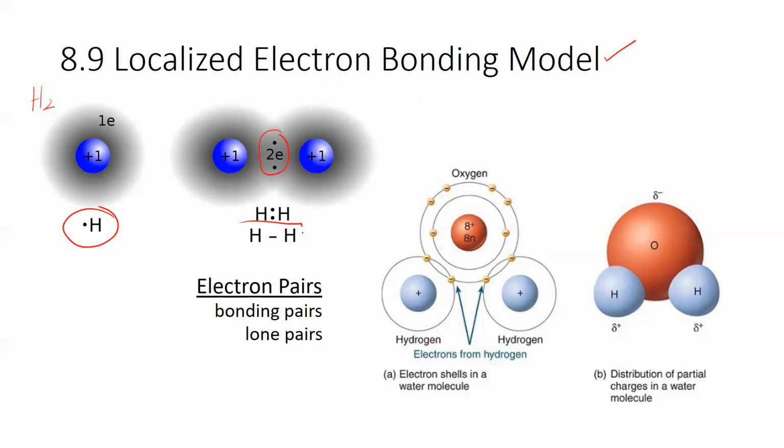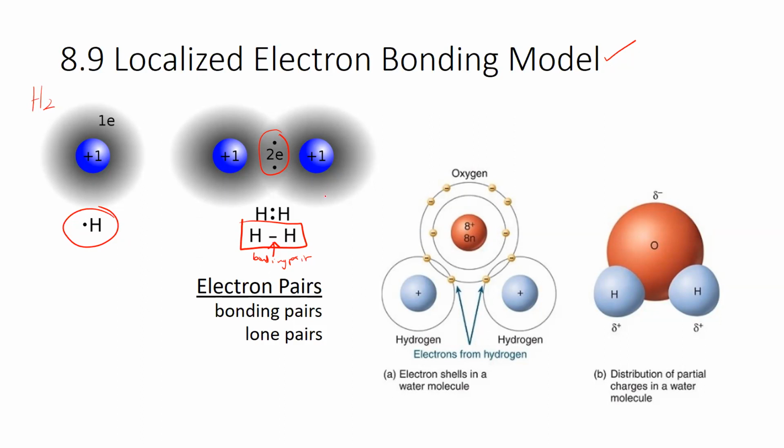That's why we write out an H2 molecule when we draw it structurally like that, with a pair of electrons in between the two hydrogens. And that is what's known as a bonding pair.